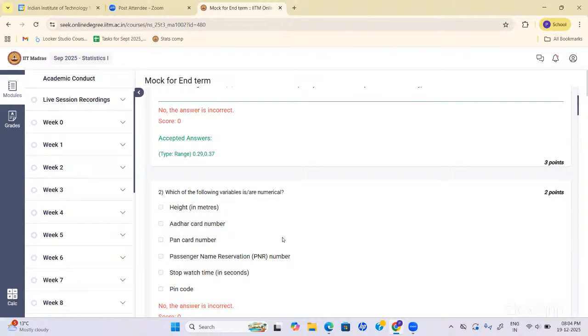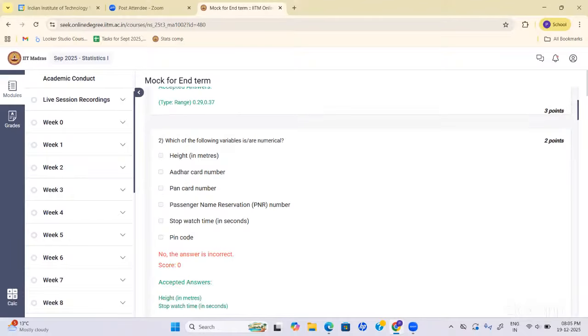Numerical variables are height and the stopwatch time. Yes. So height and stopwatch time will be numerical variables, and the others, Aadhaar card number and PAN card number, are categorical variables. They have numbers in them, but they are for categorizing. They don't have an actual numerical meaning.